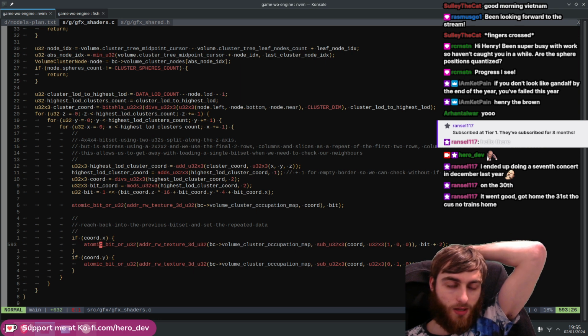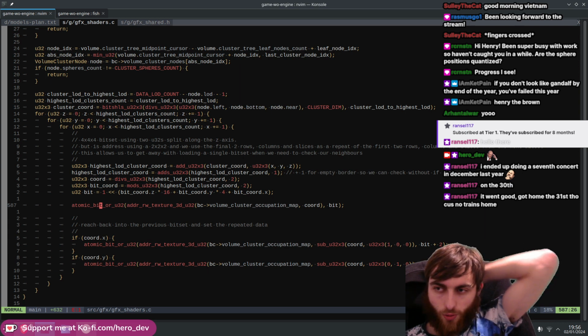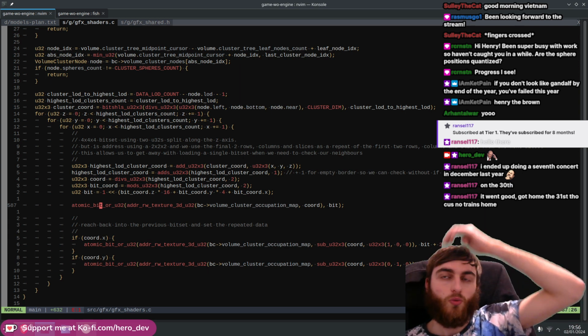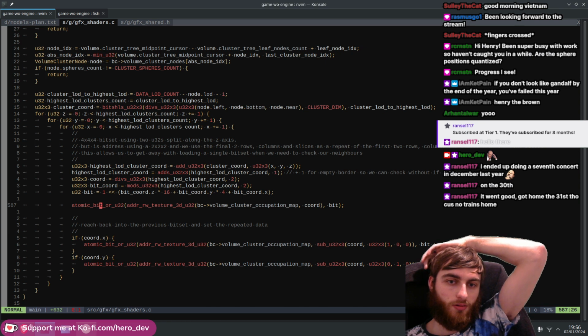Now, I did something with the Z. We've removed the extra Z bit set, so they no longer repeat along the Z axis, simply the way we sample. So if you coordinate 0 or 1, yeah, I think that works out fine, because you'll be at coordinate 0.